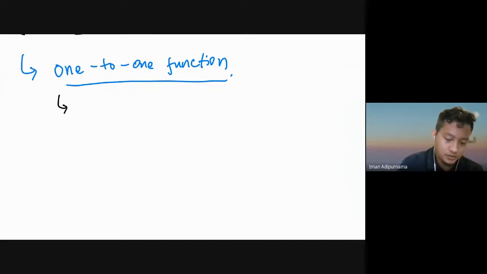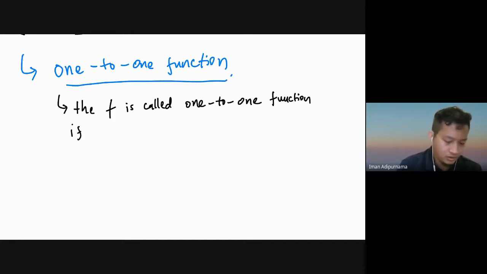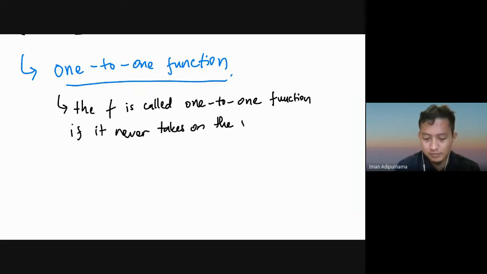So the function is called a one-to-one function if it never takes on the same value twice.